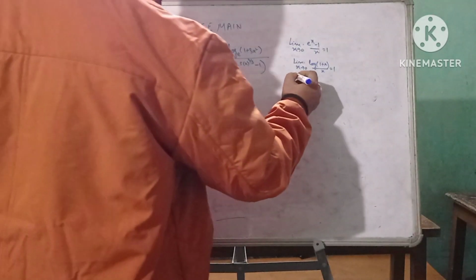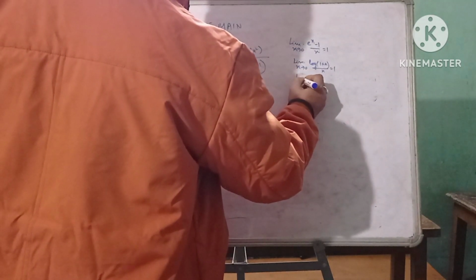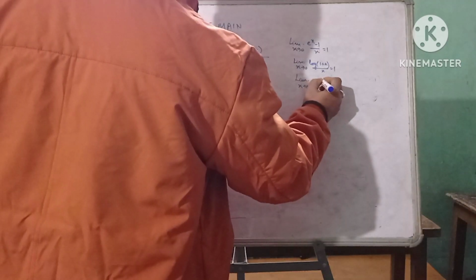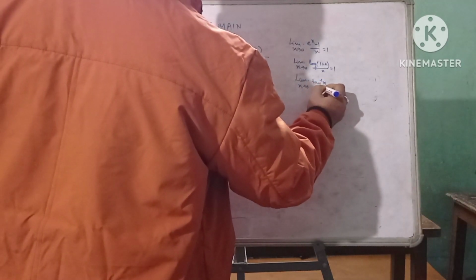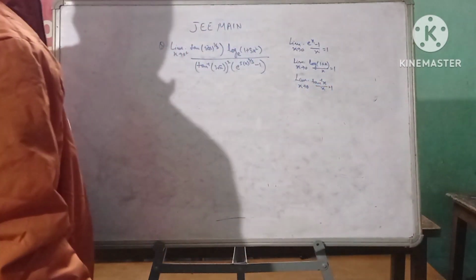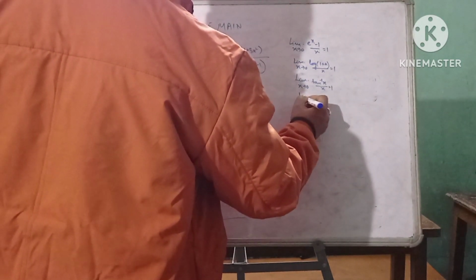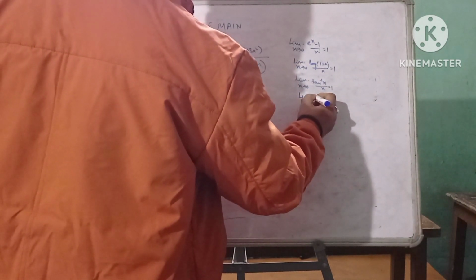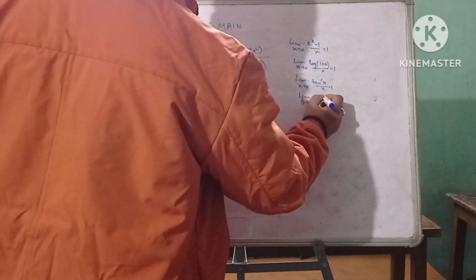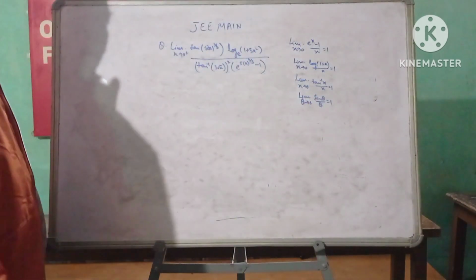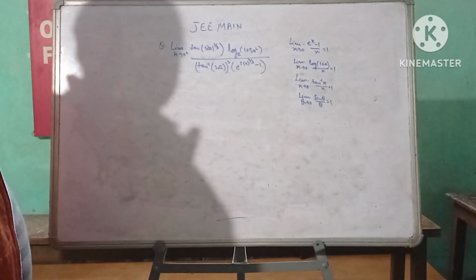The third formula is the limit as x tends to 0 of tan inverse x by x is equal to 1. And the last formula is the limit as theta tends to 0 of sine theta by theta is equal to 1. Four formulas are used here.